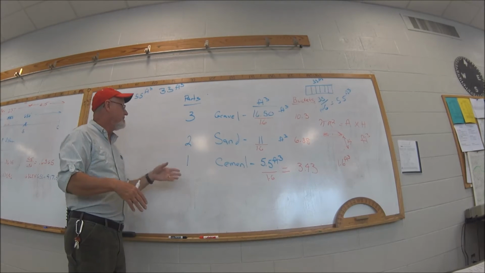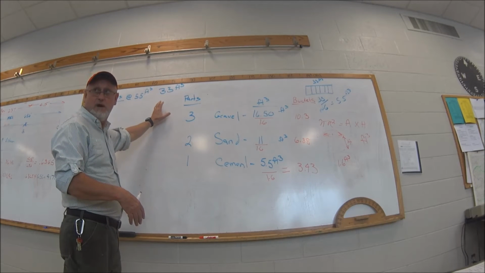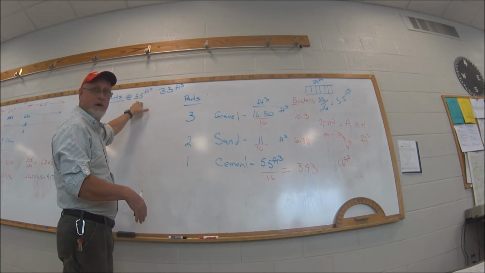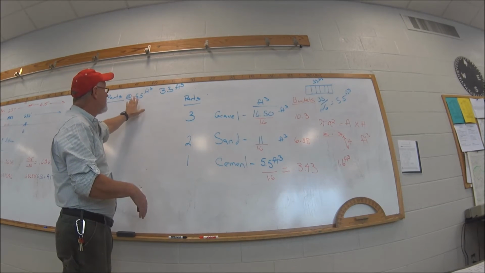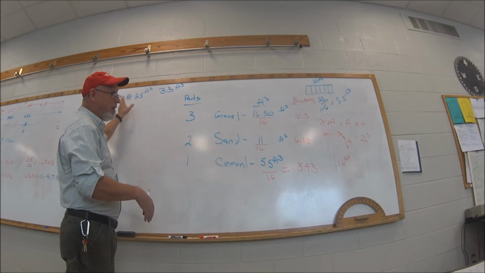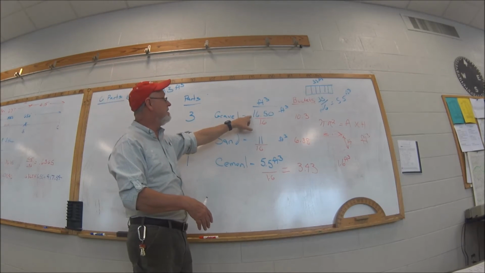Okay? So you've got to remember that. You always got to add your parts up, divide it by your total volume. Find out how much volume is in a part. Then multiply that volume by how many parts you've got. Come up with this blue number. Okay?